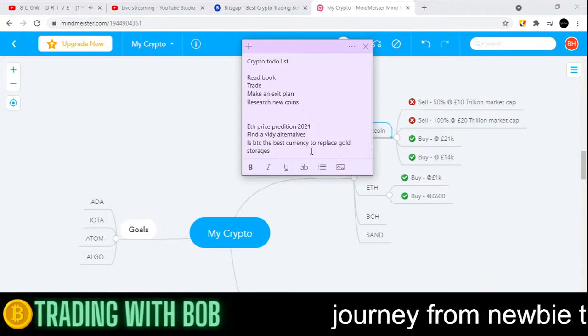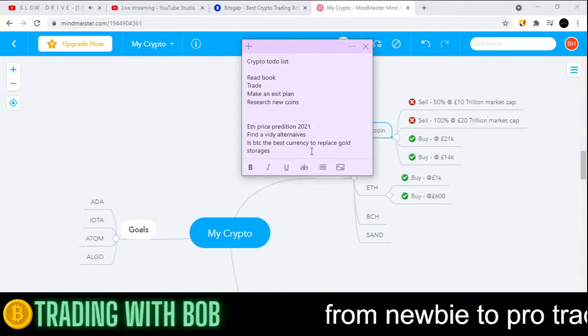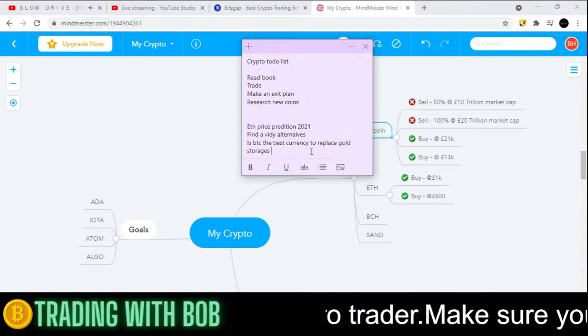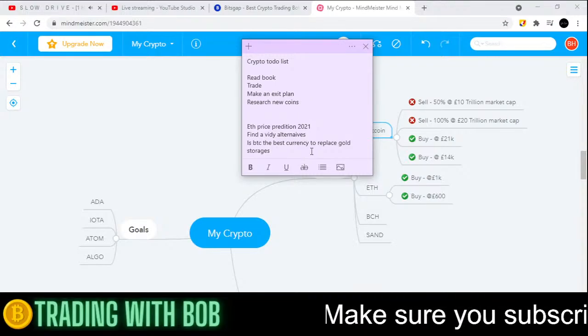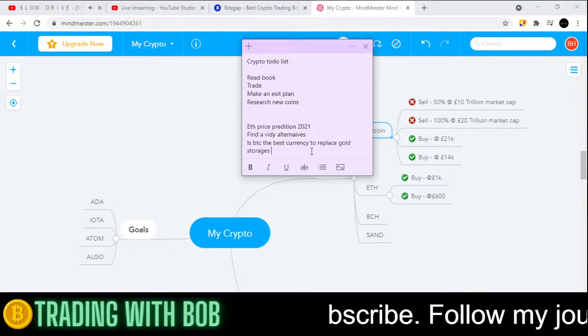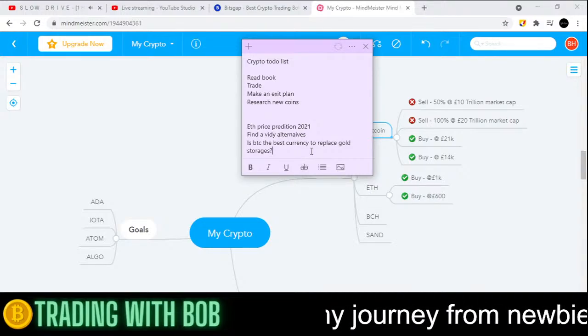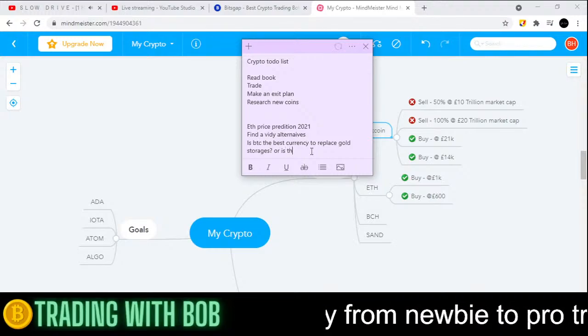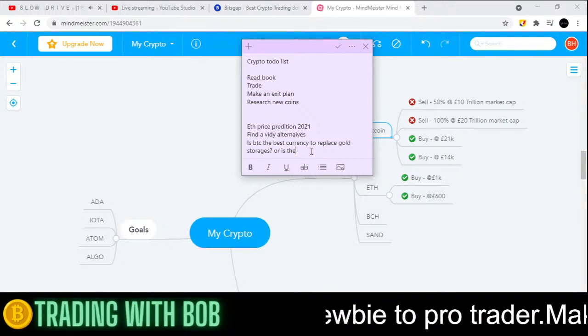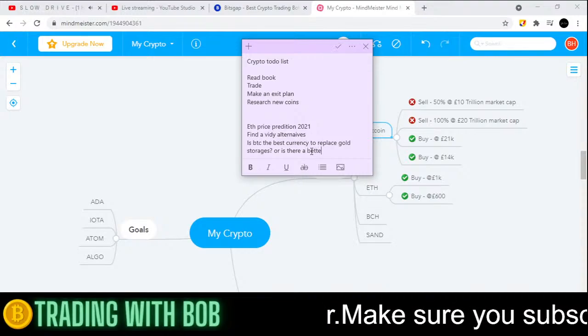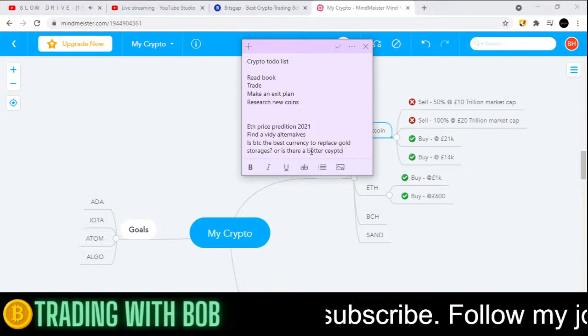Is BTC the best place to place gold storages? Or is there a better crypto? Okay.